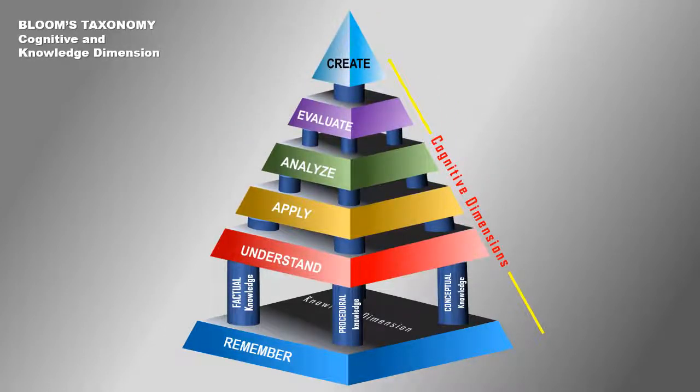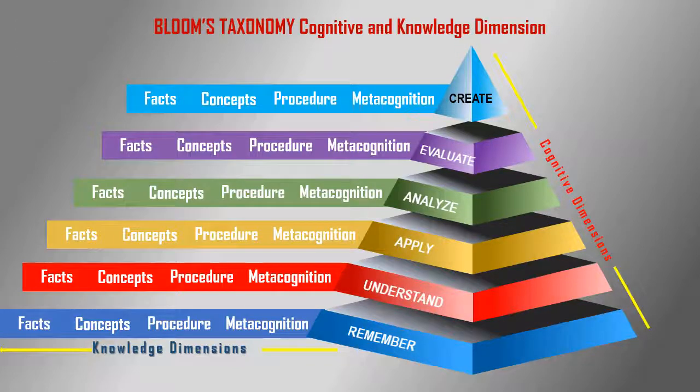I will not discuss in detail all of these elements, but suffice it to say that you need to know them to be able to properly analyze and clarify your intended learning outcomes. Let's look at Bloom's taxonomy again from another perspective. What you see here on the left side are your knowledge dimensions: facts, concepts, procedure, and metacognition.